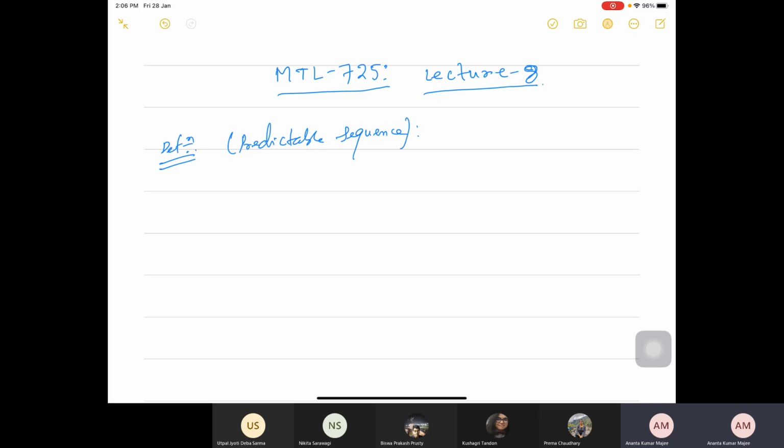Okay, so what is this? Already it is given to you that Fn is a filtration.